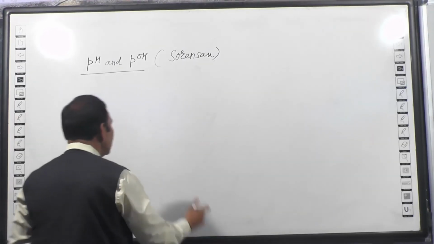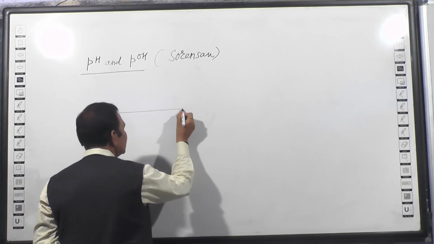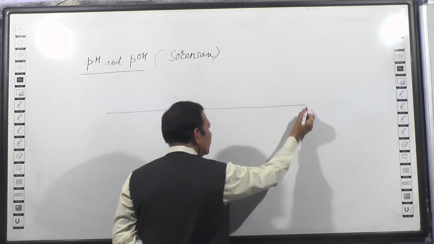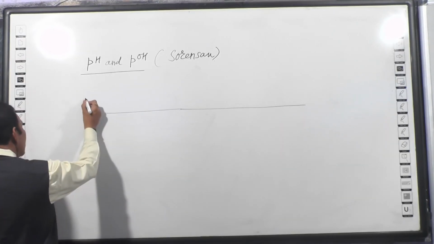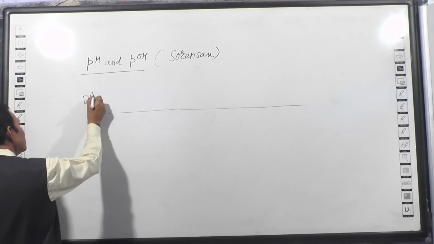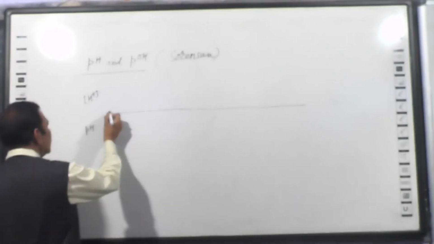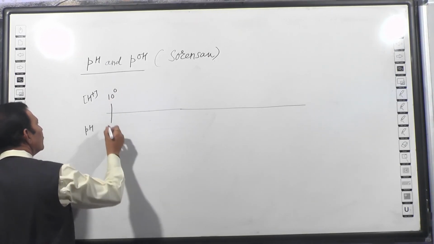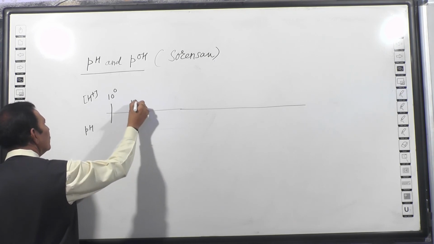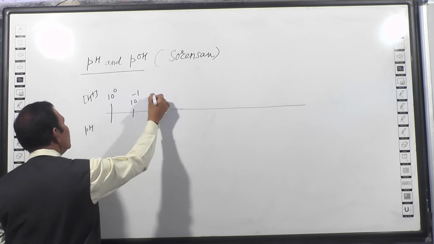So we'll write over here, draw a scale like this. It's very simple, but much more informative. We'll write H plus ion concentrations, we'll write pH. 10 to the power 0, 10 to the power minus 1 mole per liter, minus 3.